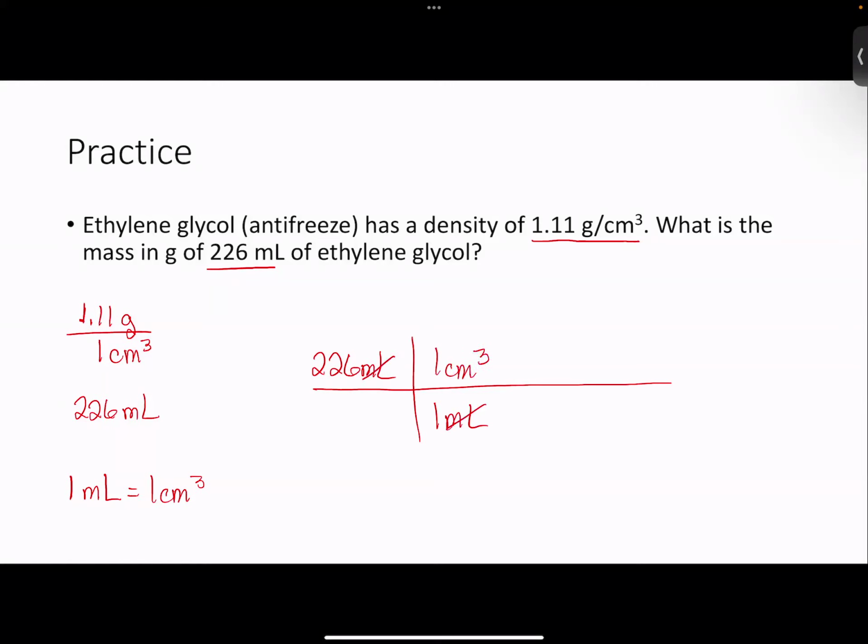The milliliters I placed in the denominator so that they would cancel out, leaving me centimeters cubed. And now I can use that density of 1.11 grams per 1 centimeter cubed. I place the centimeter cubed in the denominator so that it'll cancel out, and I'm ready to do some math.